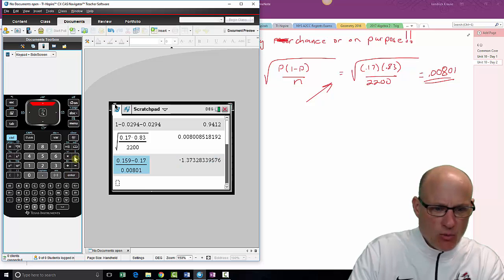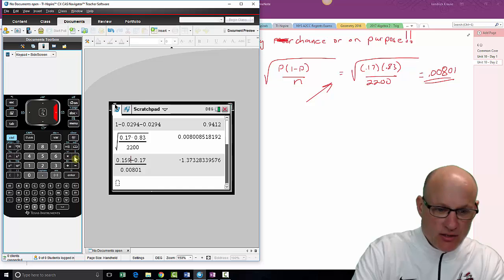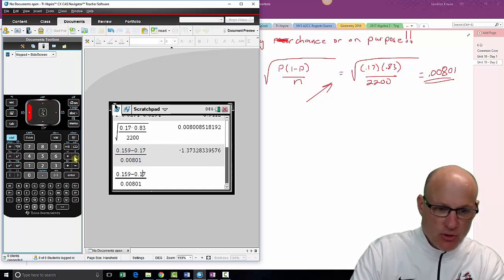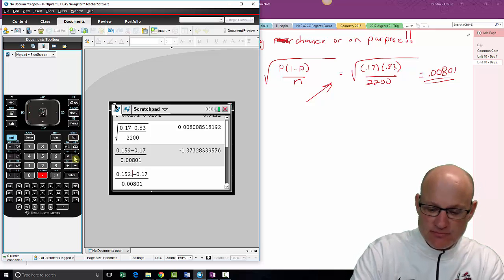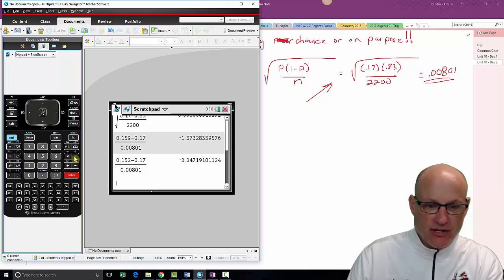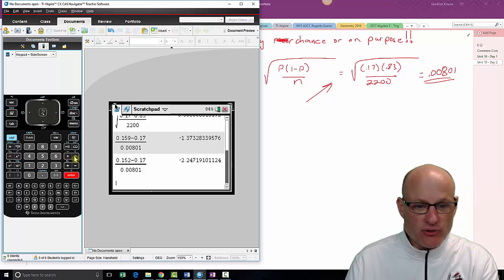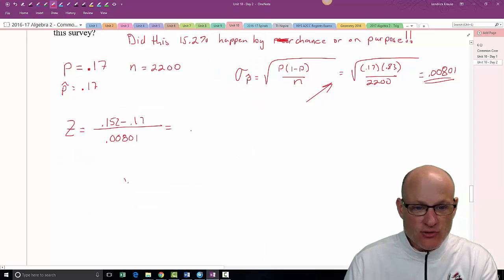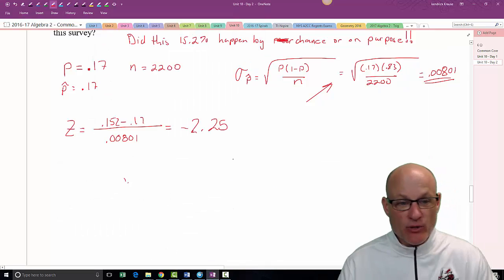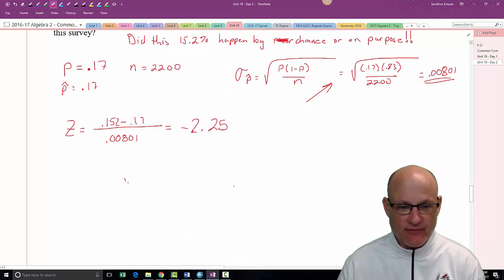Oh, it's not 159, it's 152. That's why. Enter. It's 0.152, because my number was a lot different than this. All right, enter. All right, there it is. Negative 2.25, right? Negative 2.25. And we knew it was going to be negative because it fell to the left.